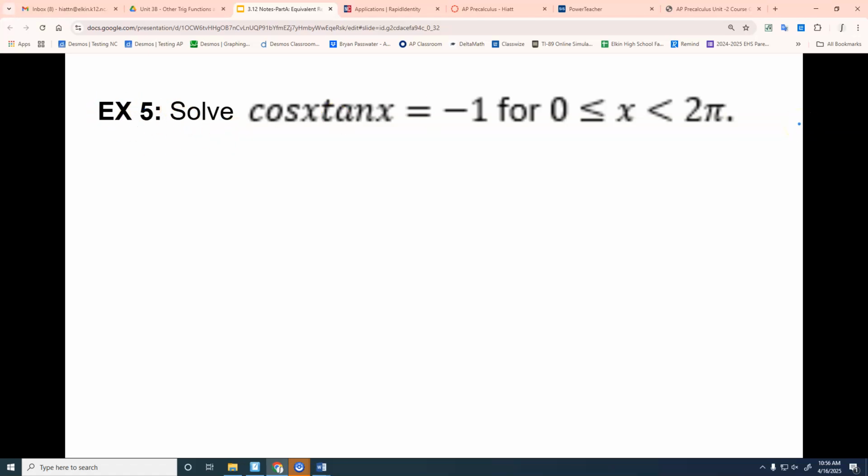All right, so example 5. This one's an equation. We've got cosine and tangent, and it's equal to -1. So we're going to have to use some trig identities here. Ideas. What can we do?